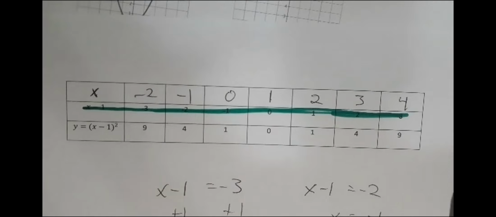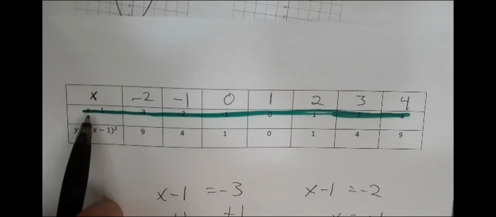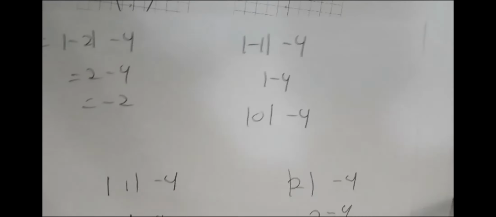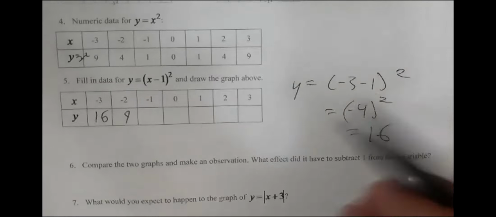I'm just looking at that minus 2, 9, that minus 1, 4. That is my x and that is my y. So in order to get to my x, I had to do the thing that was kind of opposite here. If this thing says minus 1, I have to add 1 to get back to x. So there's a sort of back solving that's happening here. And I said this was kind of opposite of what you'd probably expect, and we'll see it in a minute. But minus 1 is 4.